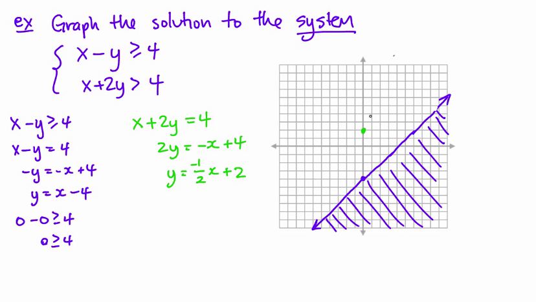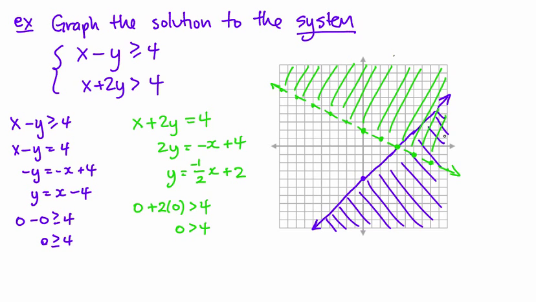So there's 2, and it's rise and run, rise, run, rise, run. And so it goes across like this. And this is a dotted line. So let's make it that. And again, it's away from 0, 0, so I can test 0, 0 into the original inequality. 0 plus 2 times 0 is greater than 4. Is 0 greater than 4? No, it's not. So the solution goes in this direction.